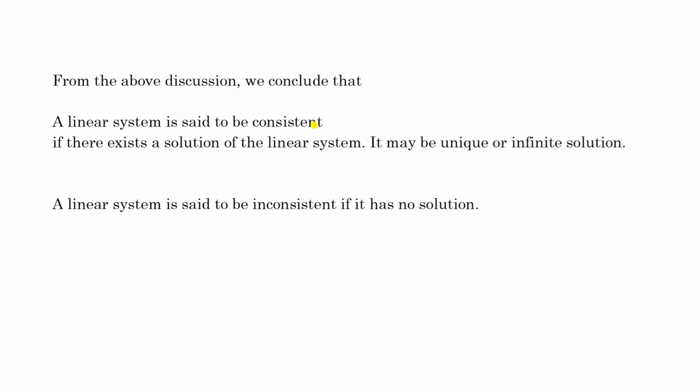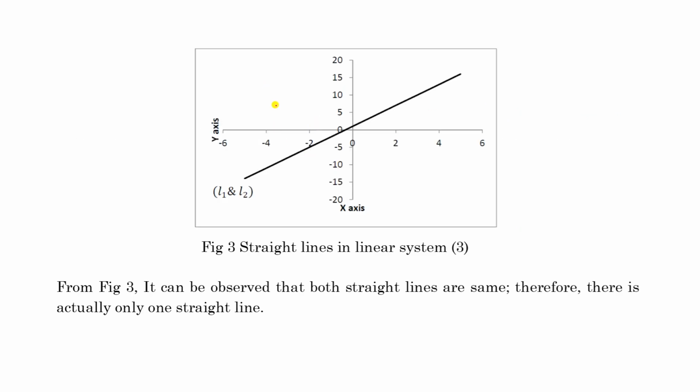Now look at its geometrical representation. Actually this is one line only, both L1 and L2 can be represented by the same line. That's why this linear system has infinite solutions. So now I hope that you understand the concept of all these solutions: unique solution, no solution, and infinite solutions.